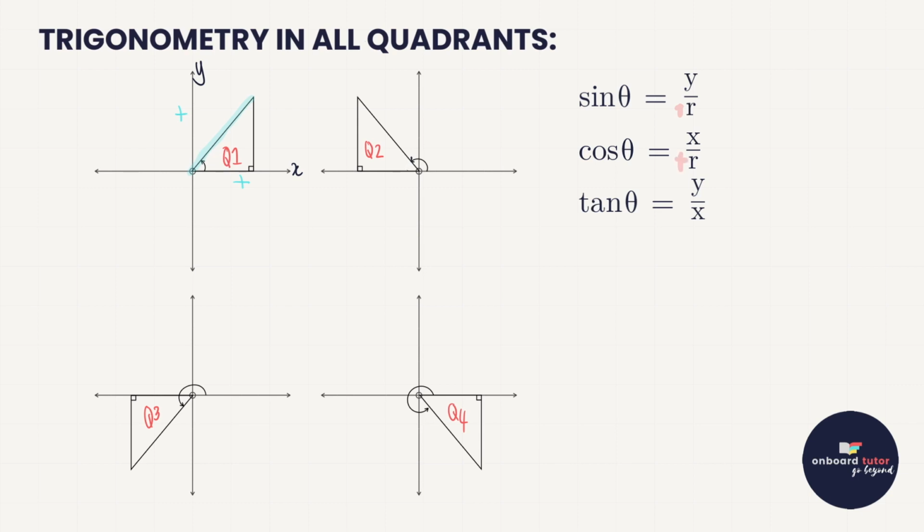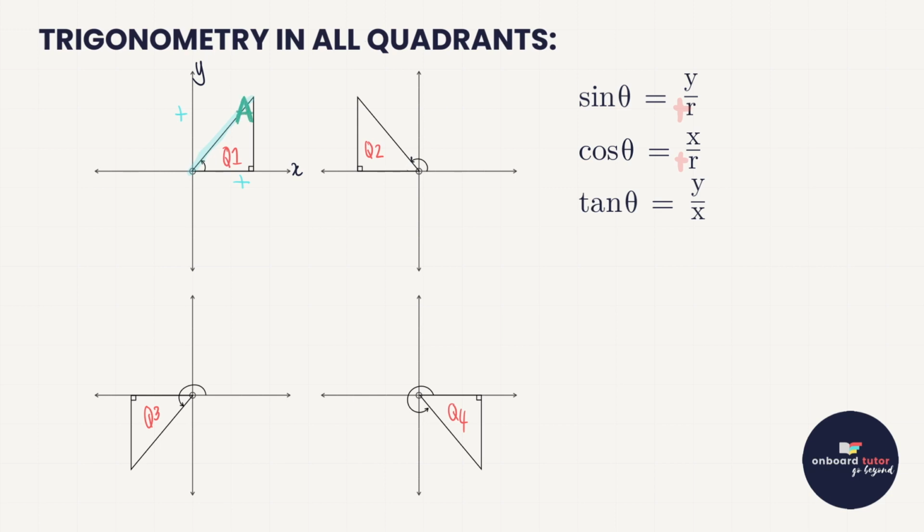So we don't need to worry too much about the signs there for r. But what they did was they said, okay, positive y over positive r gives me a positive sine. Positive x over positive r gives me a positive cos. Positive over positive again gives me a positive tan. And so what they discovered is that all of the trig ratios are positive in this quadrant.